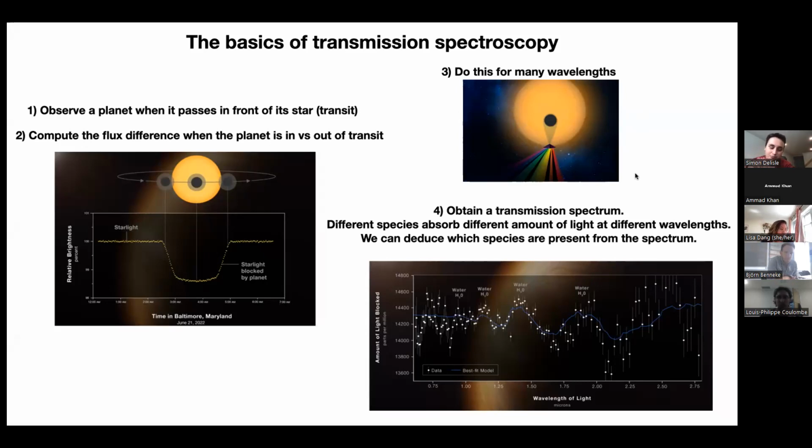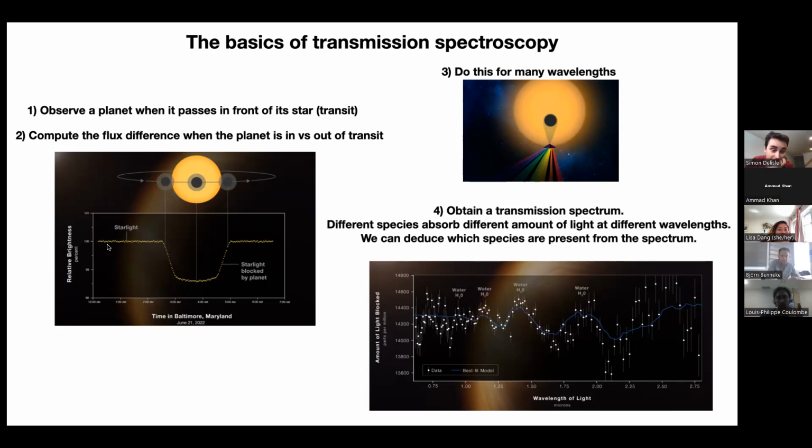And then when it does, you get less flux. So if you look at the light curve, so basically the amount of light that you get, you have a decrease during the transit, and then it goes back up when the planet exits. And this is actually from James Webb data yesterday, WASP 96b. So I just put it in because that was nice.